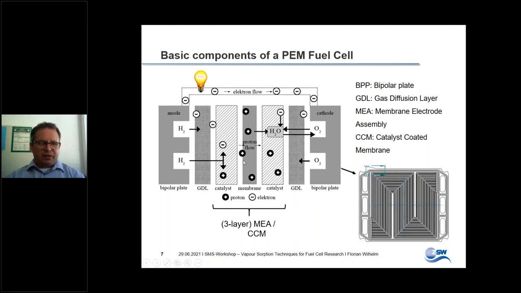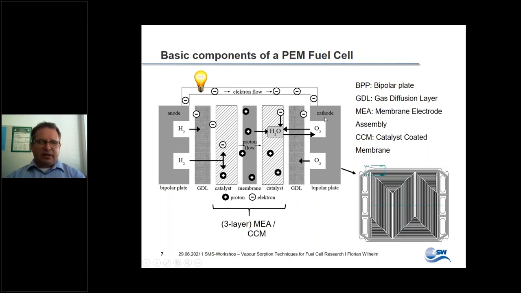The protons are transported over the PEM membrane to the cathode catalyst side, whereas the electrons are transported via the outer electric circuit, and here the electrical work can be performed by the fuel cell.